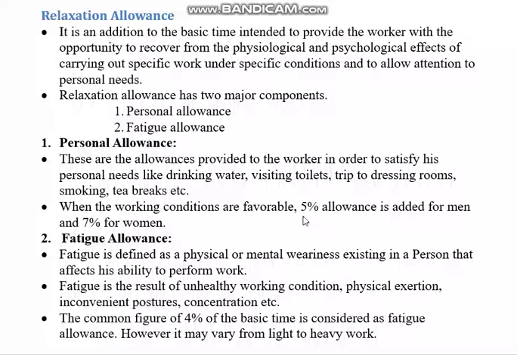The basic time that we arrive at for doing that work should be multiplied by 5% to get the allowance, and that should be added to the basic time to get the standard time. That's how it is. These conditions are for when everything is favorable, no problem.